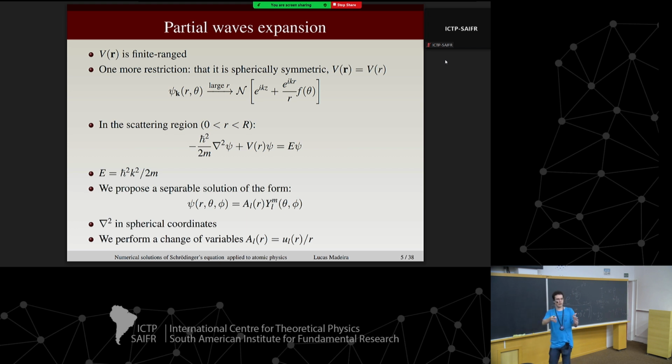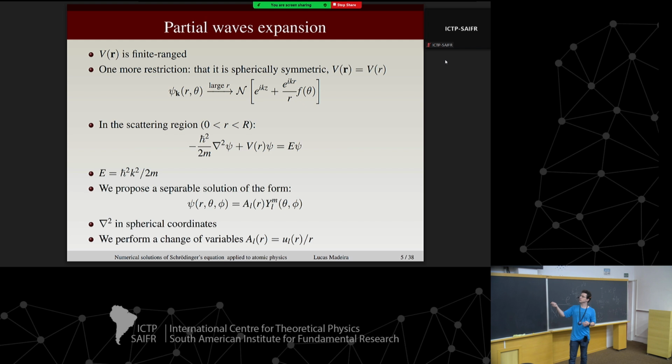And the radial equation looks ugly, right? Because if you ever wrote down the Laplacian operator in spherical coordinates, it's a big mess, right? But if you're clever, you can do this change of variables here, where instead of working with the radial part of the wave function, you work with another function that, if you divide it by r, gives you the full radial wave function.